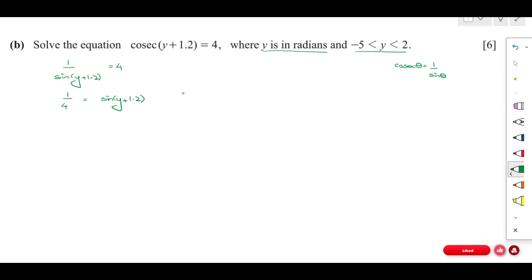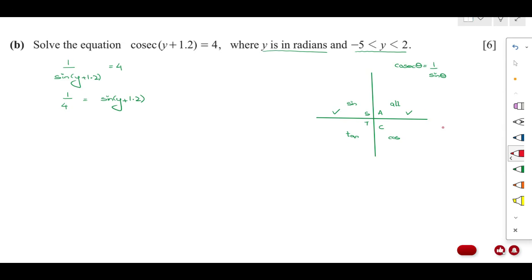Okay, so the range of the values for y should be in radians, and if we draw the coordinate axis, we come to know that this is the CAST rule: all positive, sine positive, tangent positive, and cos positive. Here sine is positive, so sine is positive in the first quadrant and in the second quadrant.